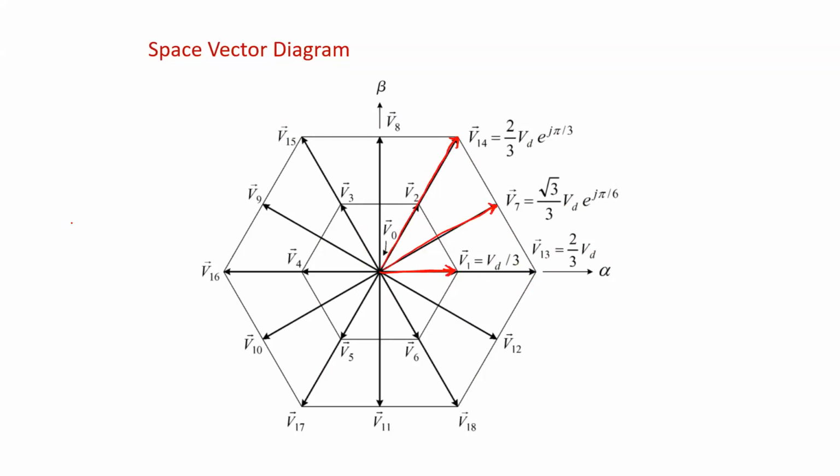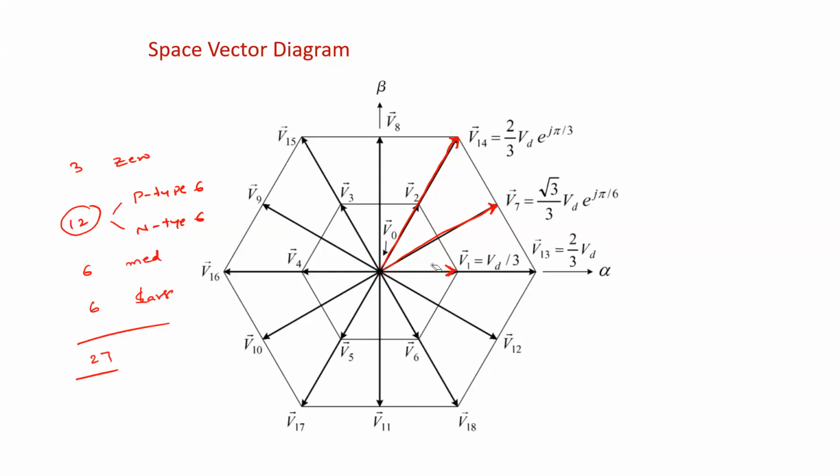We have 12 small vectors, out of which 6 are P type and 6 are N type, and 3 zero vectors. Medium vectors are 6, and large vectors are 6. That makes 27.